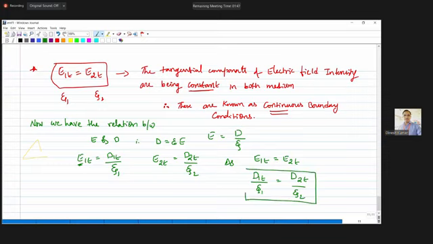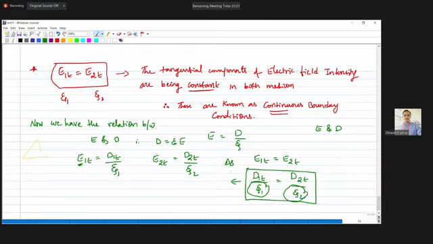I told you we have to do the analysis for E and D. So here I am writing the conclusion for both the mediums. The tangential components of electric flux density depend on the epsilon values of the dielectric medium.